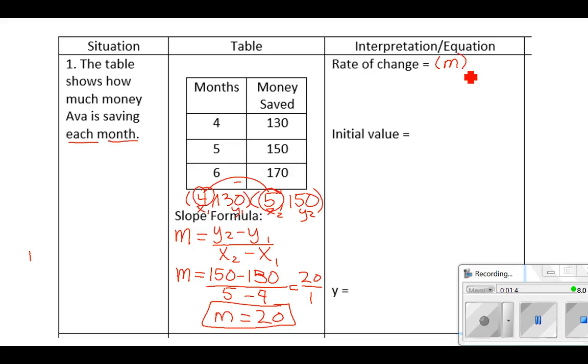So if we know m is y over x, and y is money, and x is months, then we know that we should have $20 saved per month would be our answer.